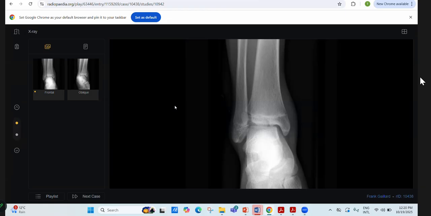This is the point where sometimes I did not help you in this case, because there are examiners who will not help you by saying, do you want to see other films? No, they will keep on agreeing with what you are saying, and you are thinking that you are going very well on that film, because this is not a Salter Harris type 3 fracture.